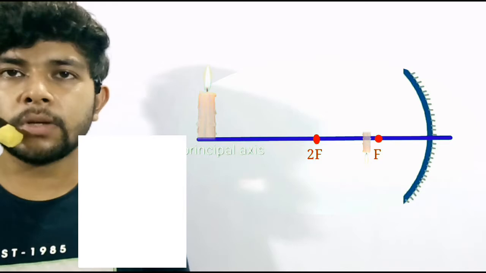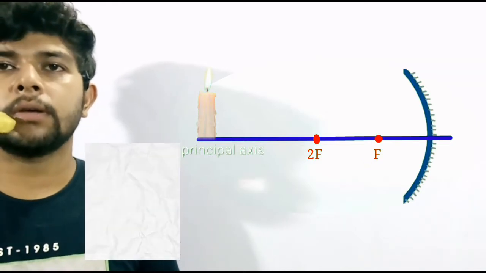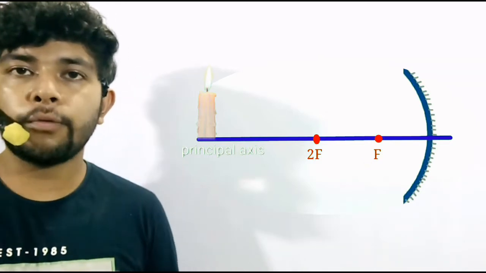Now if you take a piece of paper and bring it in front of the concave mirror, you will find the light, you will find the image, maybe the image will be blurred. Now what do you have to do? You just have to move it forward and backward so that you can get the image sharp.